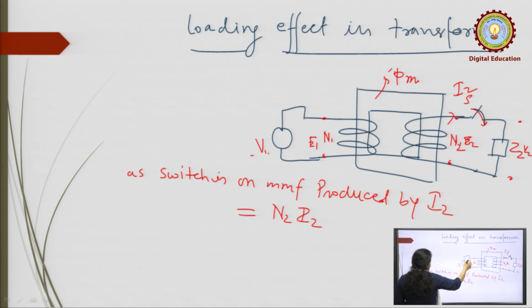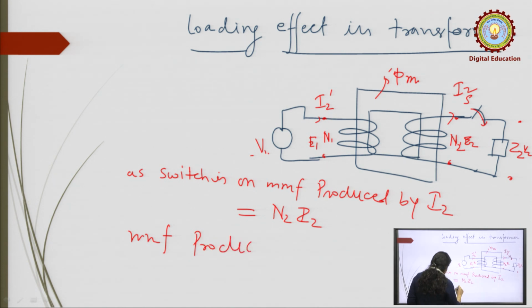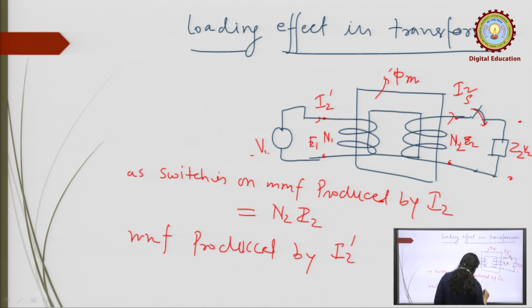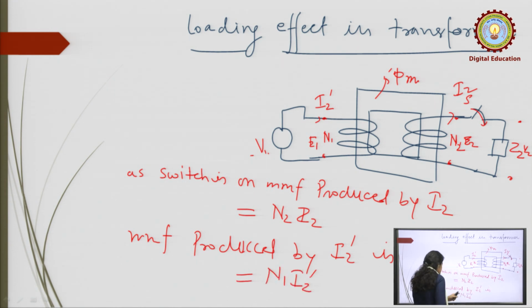Suppose the current flowing in the primary is I2 dash. So the MMF produced by I2 dash is N1 I2 dash, because the number of turns in the primary side is N1.